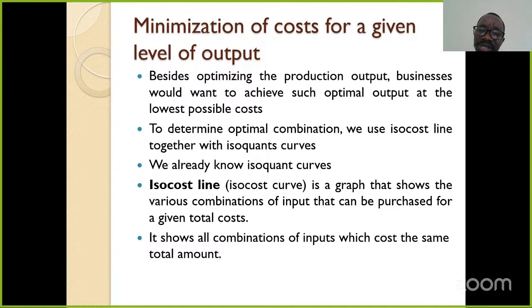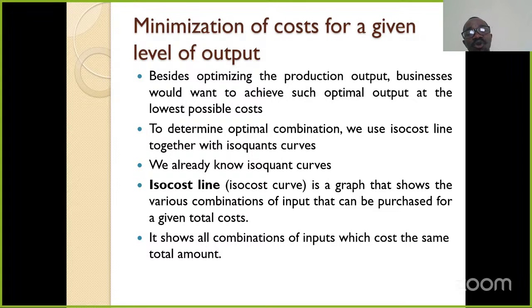Now the isocost line, or isocost curve, is a graph that shows the various combinations of inputs that can be purchased for a given total cost. So you have your combinations and you attach the price tags to the inputs and see how much the total cost is.